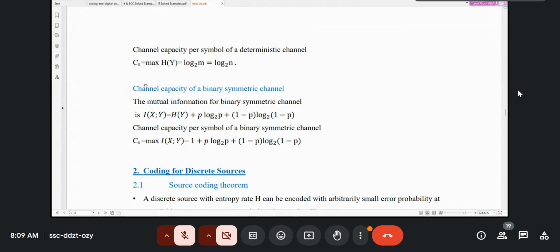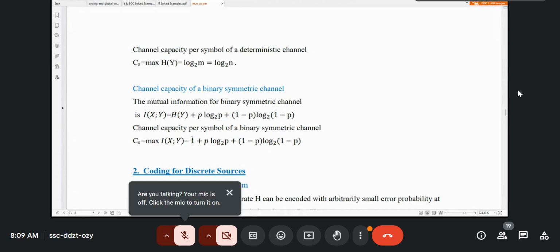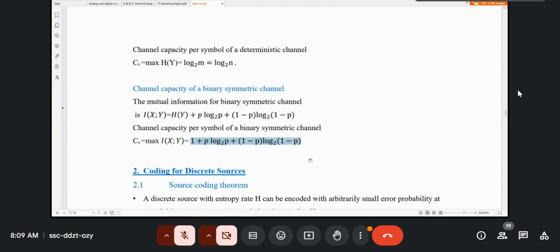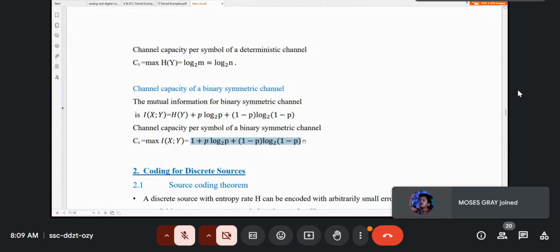The channel capacity of the binary symmetric channel can be shown to be this, and this will form part of your next assignment. Not now. When I give you the assignment, you can still investigate now.